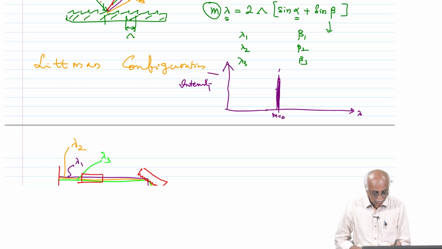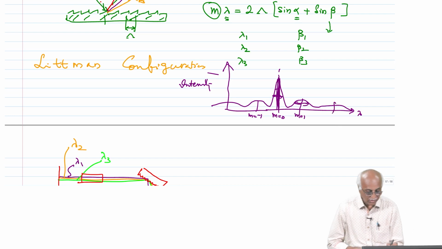If it is m equal to 1, it is much wider. So, m equal to 1 and m equal to -1 have a slightly broader spectrum than this, but the intensity decreases. M equal to 2, the second order, has a much broader spectrum than this, but the intensity further decreases.